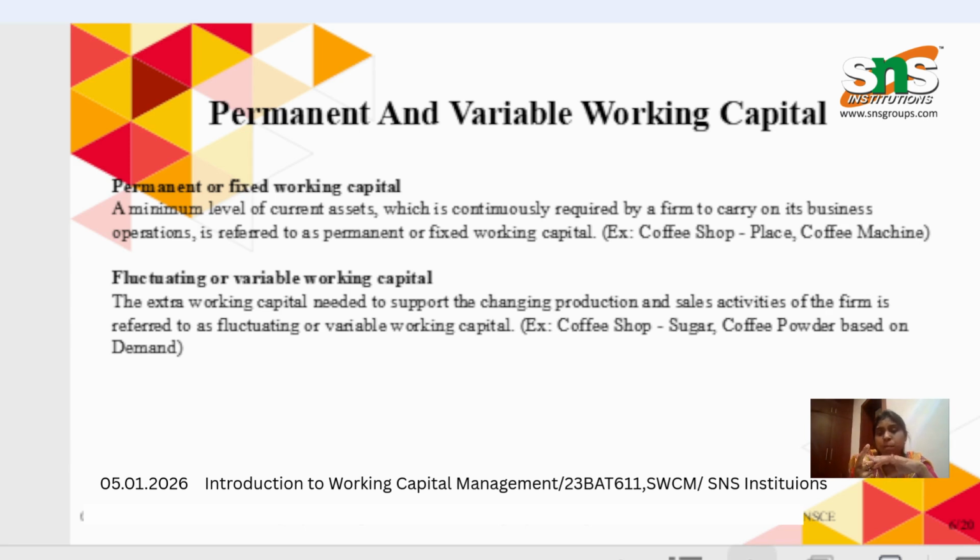The same example which we used for permanent working capital, the coffee shop, will be the example here. In permanent working capital, the place as well as the coffee machine is permanent working capital. So what can be the fluctuating or variable working capital? This can be the sugar, the extra working capital that is to be supported for production or sales activities.